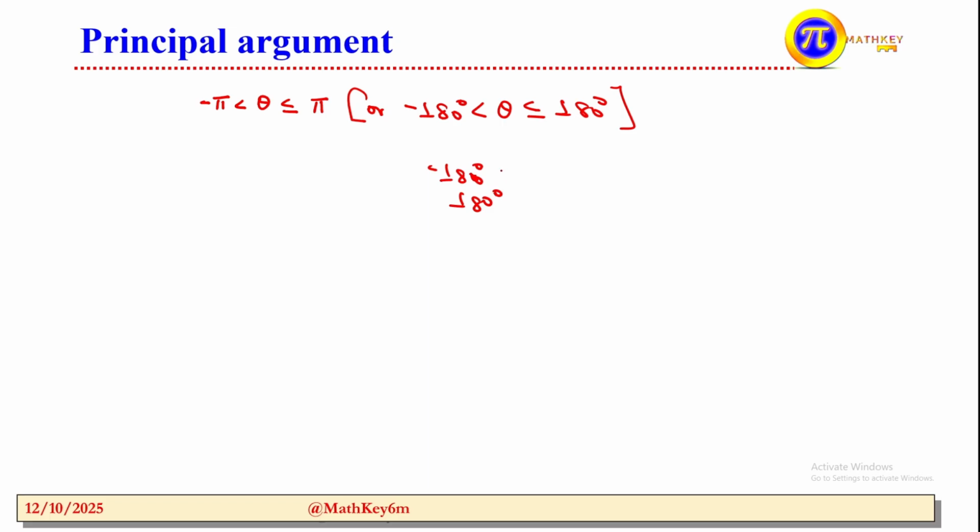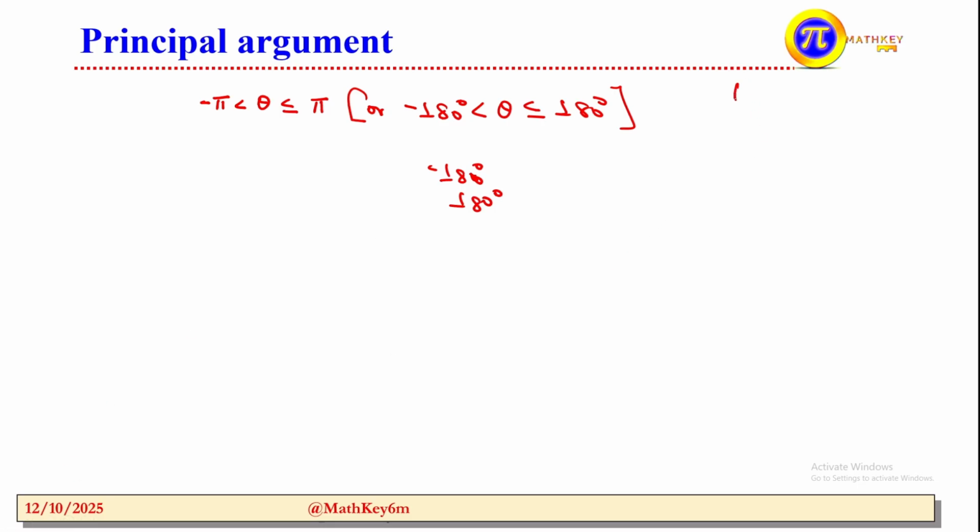So if we include negative pi, it cannot be a unique theta, since negative pi and pi have the same trigonometric value. To keep this uniqueness, it is better to take theta between negative pi and pi, including pi and excluding negative pi.